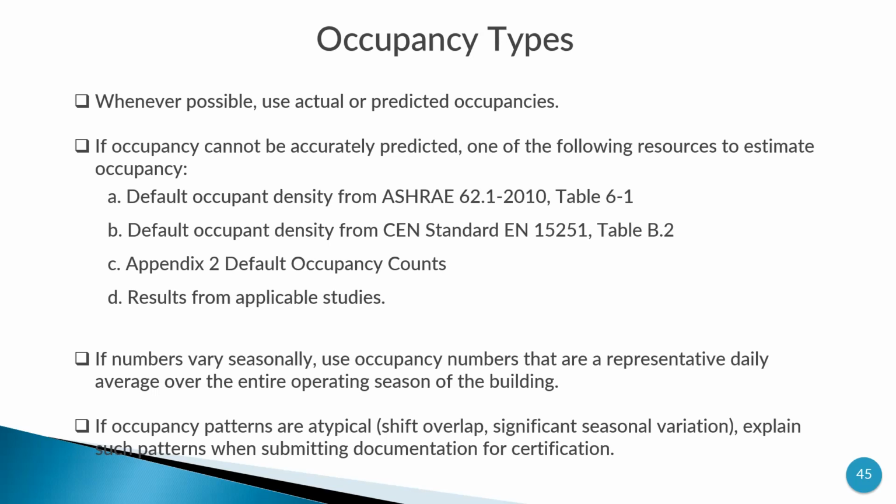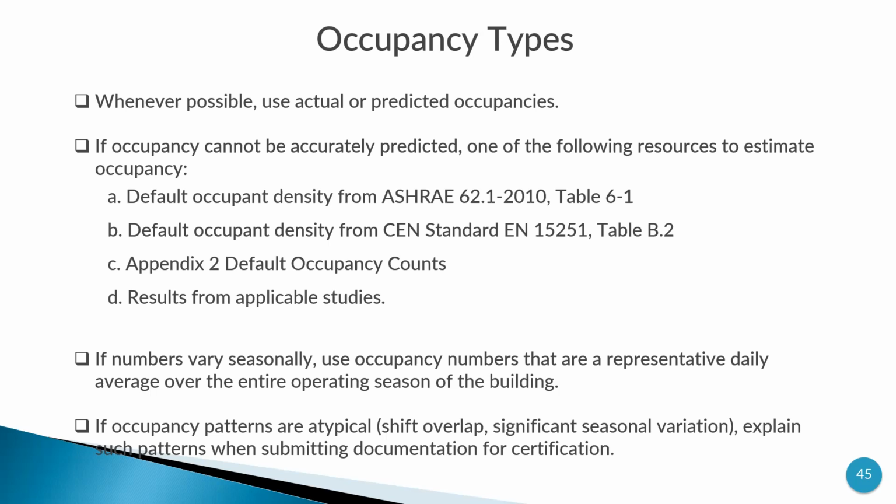Whenever possible, use actual or predicted occupancies. How will you calculate this? For the credit purposes. If occupancy cannot be accurately predicted, use one of the following resources to estimate the occupancy. How to calculate full-time employees or visitors and all this?